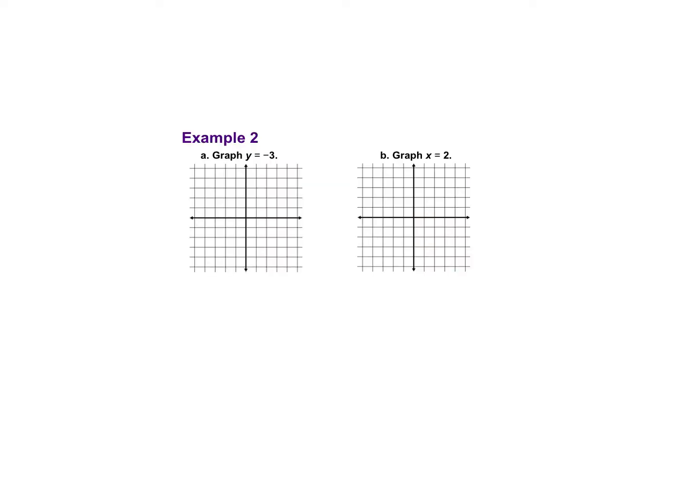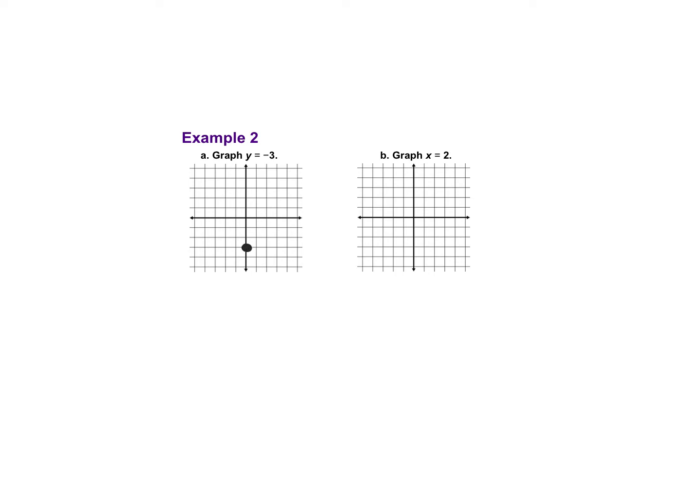The way that I remember this, if you look at example number 2, we want to graph y equals negative 3. And so how I remember doing this is I want to figure out where y is negative 3. So some of you hopefully are remembering that this is the y-axis. And so you would come down here, and right here is where y is negative 3.